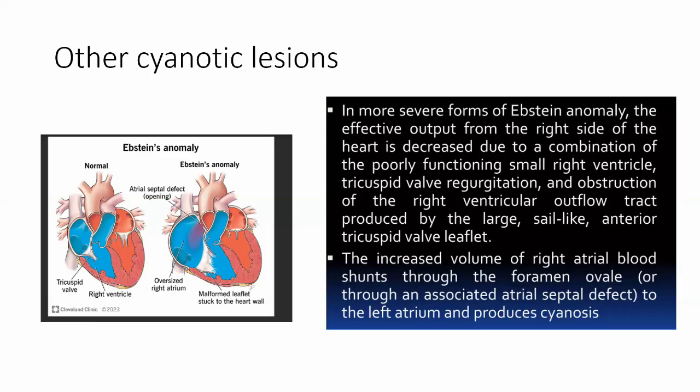And there's also functional hypoplasia of the right ventricle. You usually get tricuspid regurgitation, and also redundant tricuspid valve tissue can rarely obstruct the right ventricular outflow tract, which results in dilatation and hypertrophy of the right atrium.